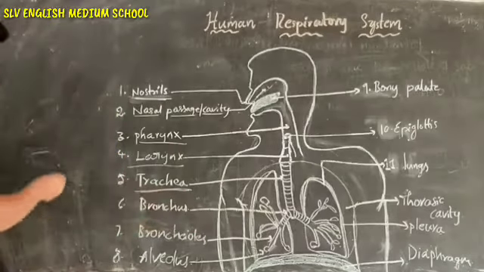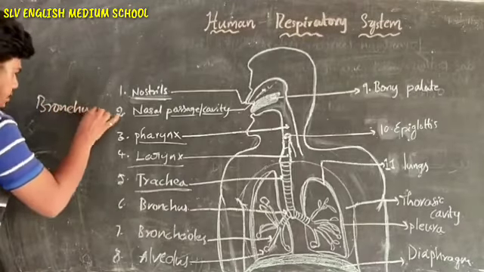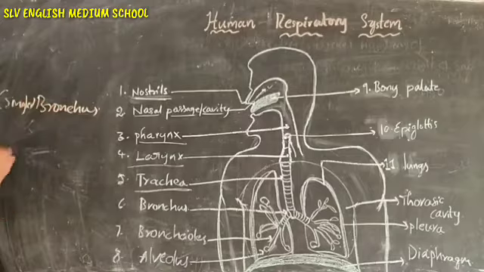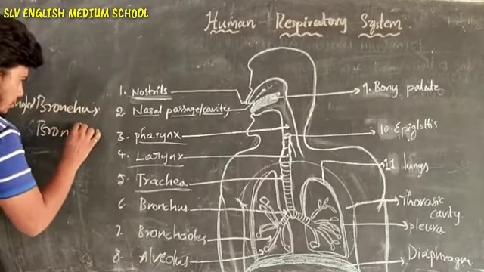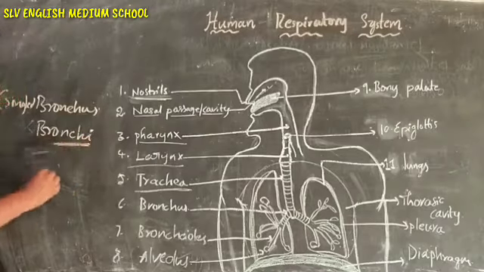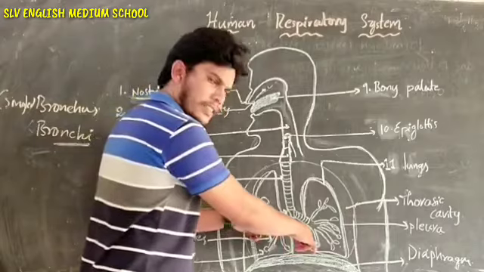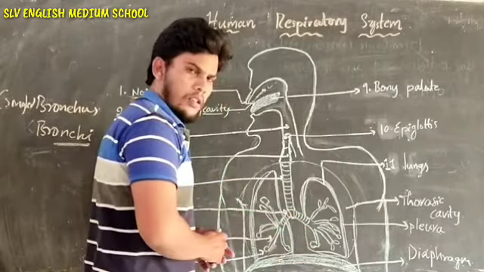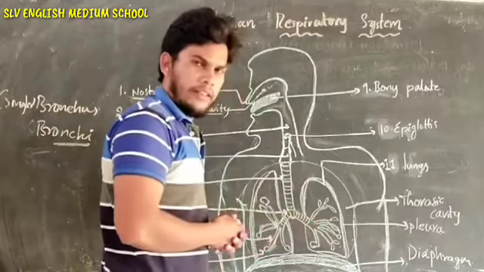Bronchus is singular, and bronchi is the plural. So there are 2 bronchi. One bronchus opens into the right lung, another bronchus opens into the left lung.